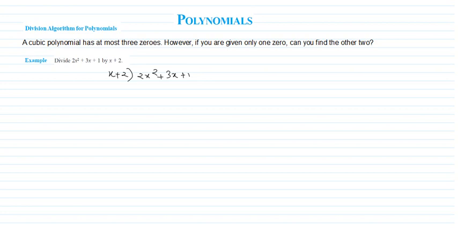So x plus 2. In order to eliminate the highest power of x, the highest power of x in the dividend is 2, and in the divisor the highest power of x is 1.